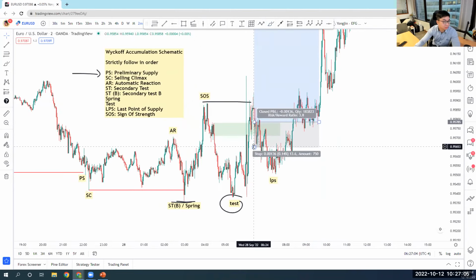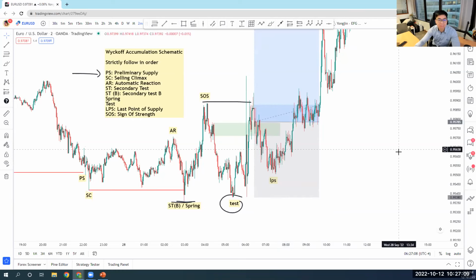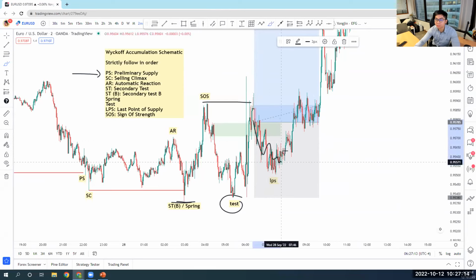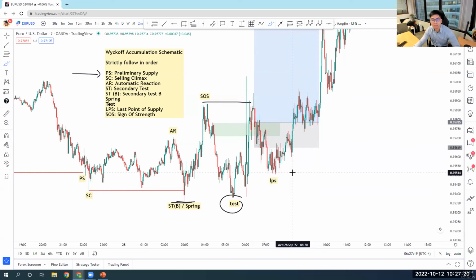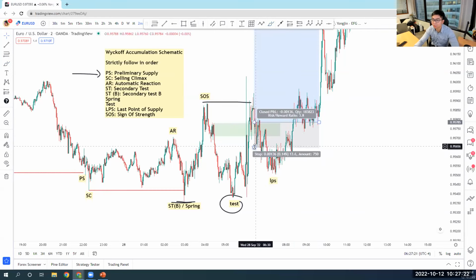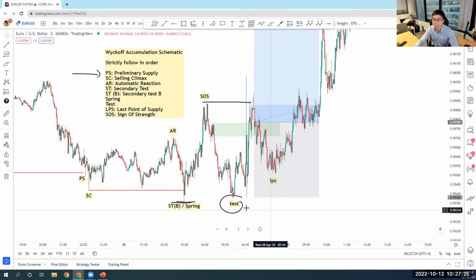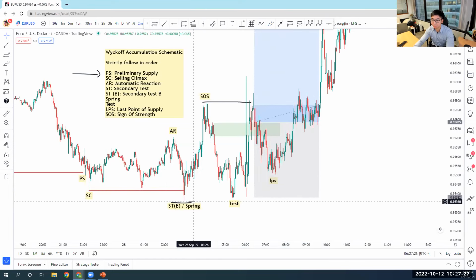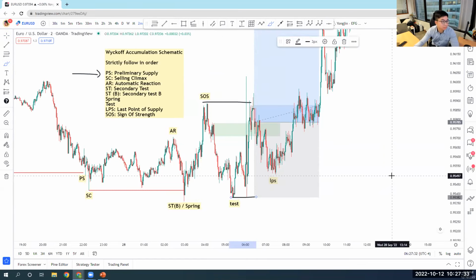Your stop loss must always be below the test, because you cannot predict how low price can come down. In this scenario, it came down all the way here. You cannot predict that. So you want it to be extremely safe. Stop loss below the test. Just to be safe. A very, very safe entry.